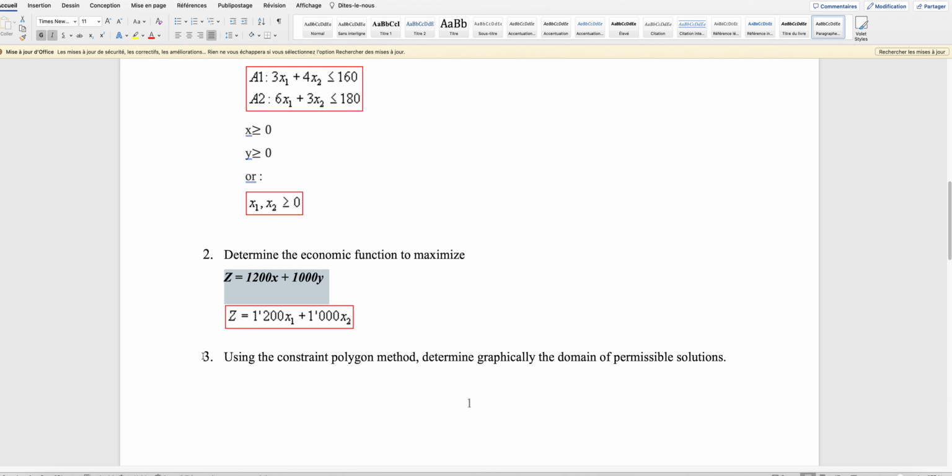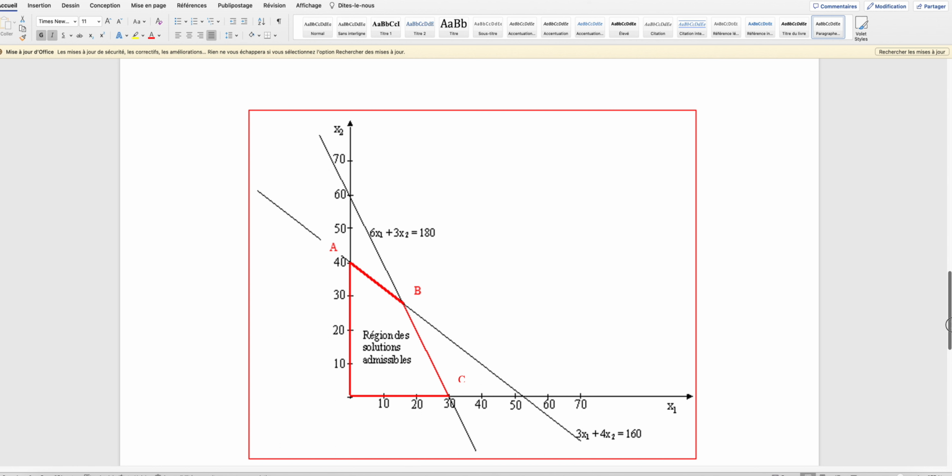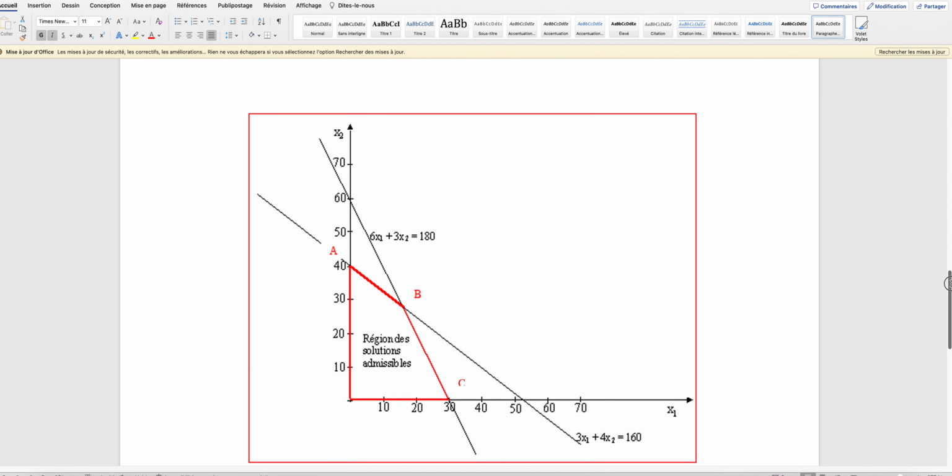For the third question, we are going to use the constraints polygon method to determine graphically the domain of permissible solutions. We draw the two lines for workshop A1 and workshop A2. We consider that we are going to use all the capacity available in hours, to be on the lines.